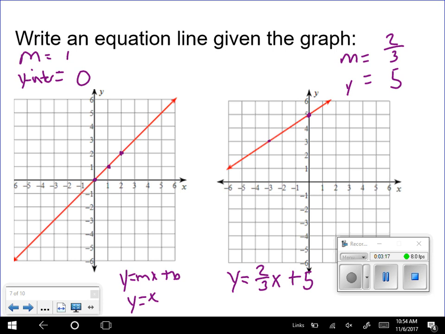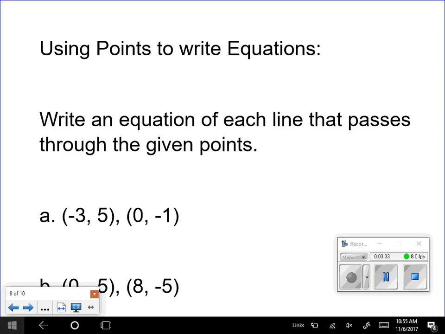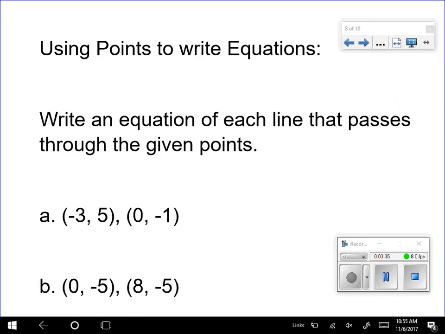Now we're going to go on to something a little bit more challenging. We're going to take 2 points and figure out the equation of the line. So we're going to have 2 points here that it gives us. It says write an equation of the line that passes through the given points.